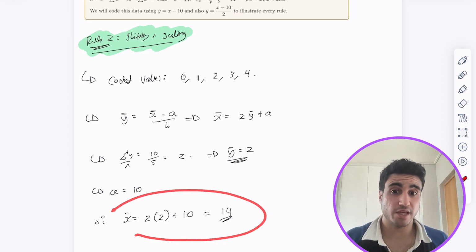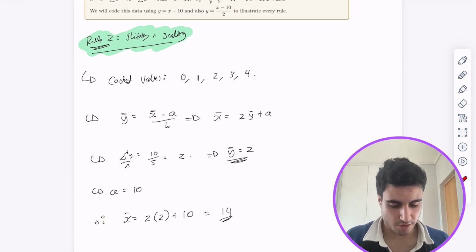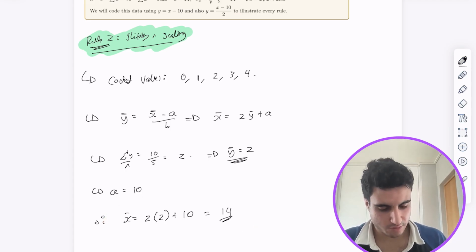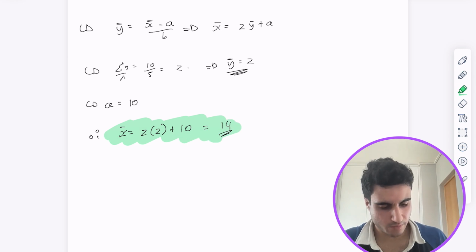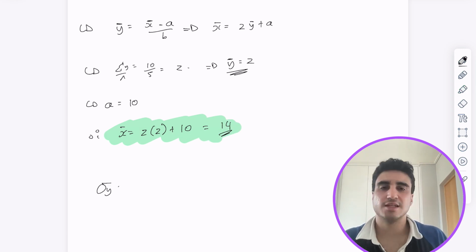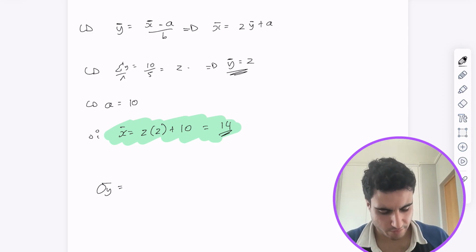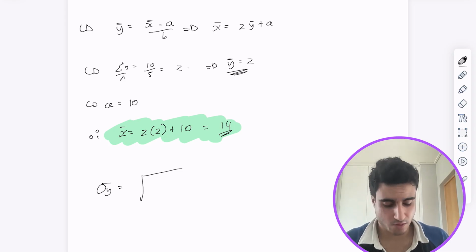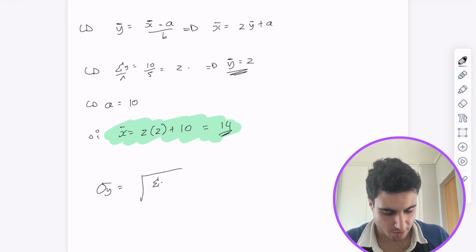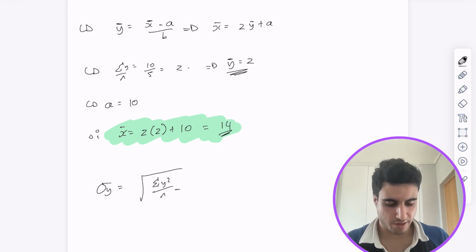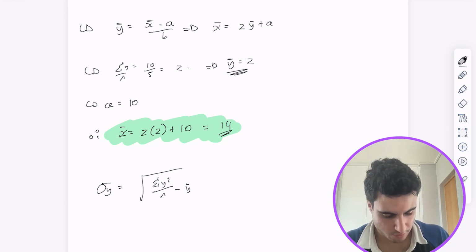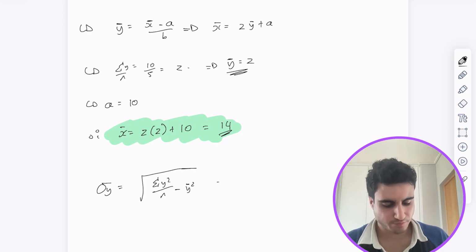And what about the standard deviation? Well, the standard deviation, give that a green highlight. The standard deviation of our coded set now, what's that going to become? Well, it's the square root of the sum of y squared over n, minus the coded mean squared.